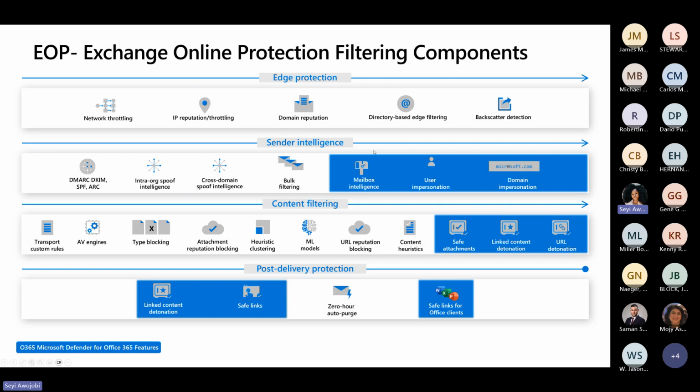The next piece here is user impersonation. Let's think about it this way: who are the top identities in your organization? Your CFO, your CEO, your CISO, and someone is trying to impersonate them using a variation of their email.